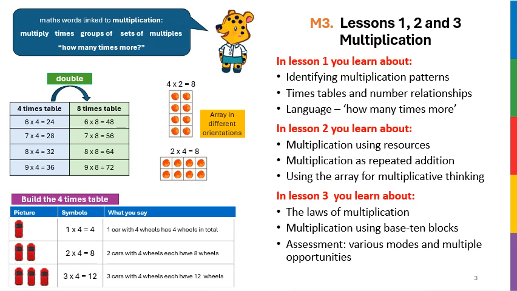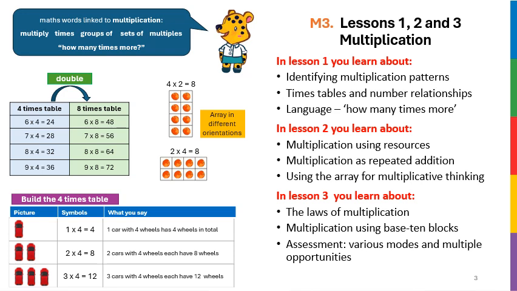So if I describe that array, the top one, I would say it's a 4 by 2 array, meaning 4 rows and 2 columns. Or it could also mean 4 rows with 2 in each row.